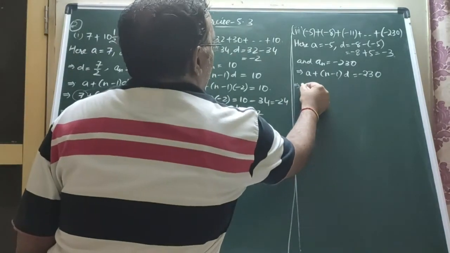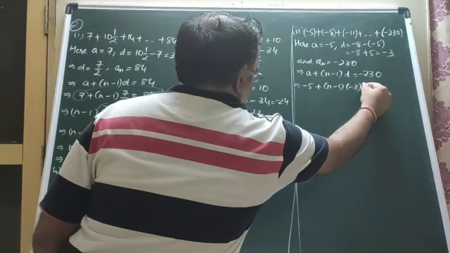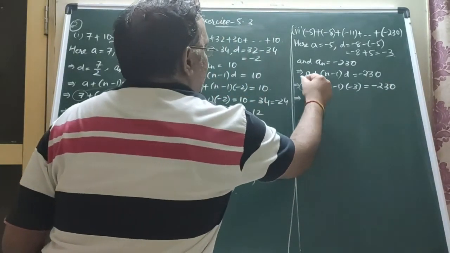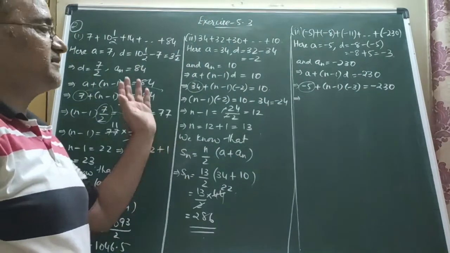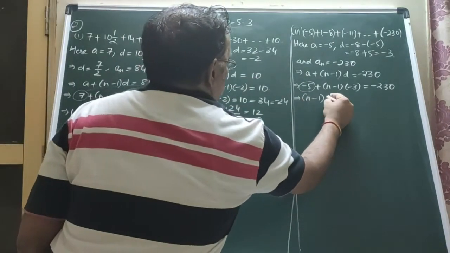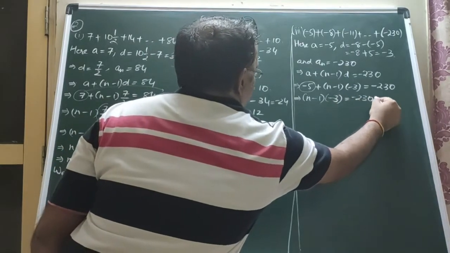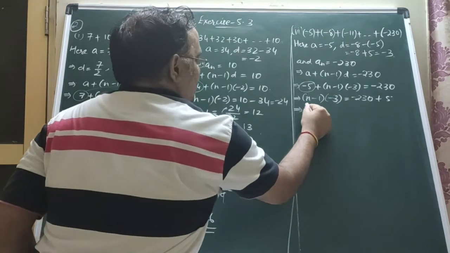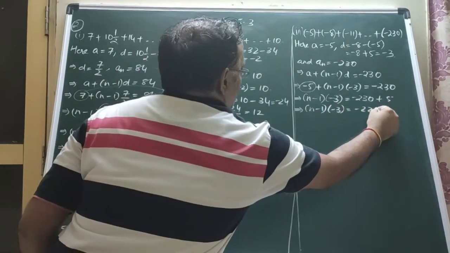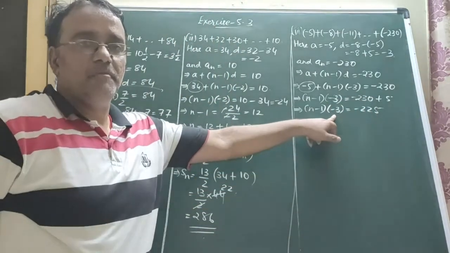So a का value है minus 5 and the value of d is minus 3, and we will shift minus 5 to that side. So minus 5 जब उस साइड में शिफ्ट करेंगे तो प्लस 5 हो जाएगा. So minus 230 plus 5, and we'll get minus 225. So minus 225, now we have to divide it by minus 3.